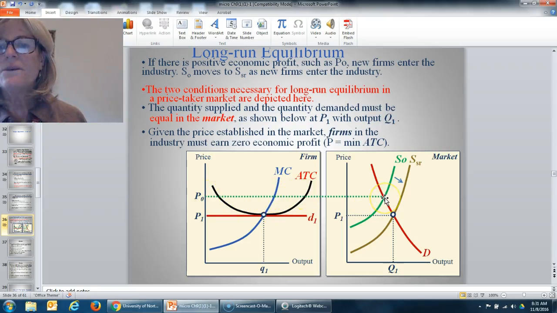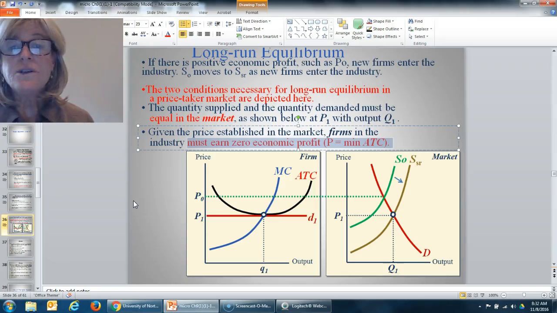If I were to highlight something, it would have to be that at this point. I would have to highlight that. Given the long run, Chapter 9, firms are going to earn zero economic profit. Price is going to be equal to the minimum of the average total cost curve.